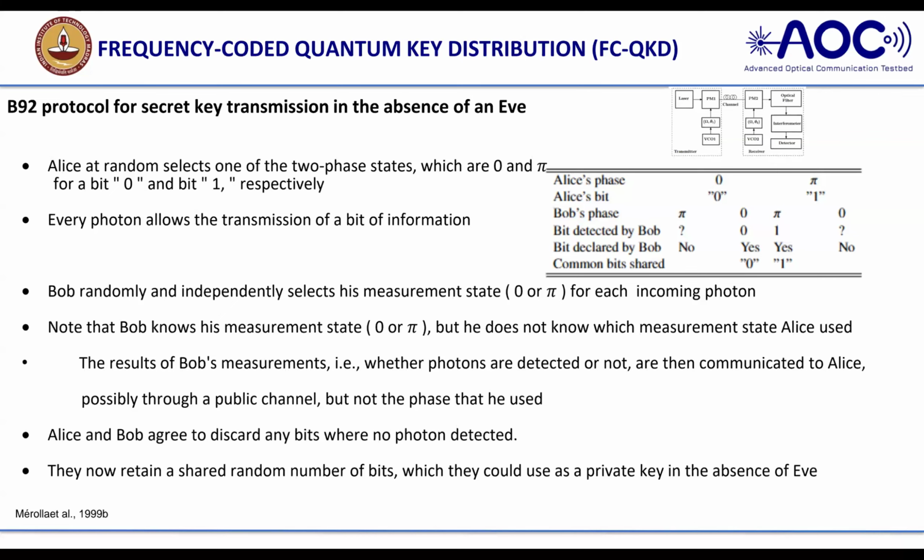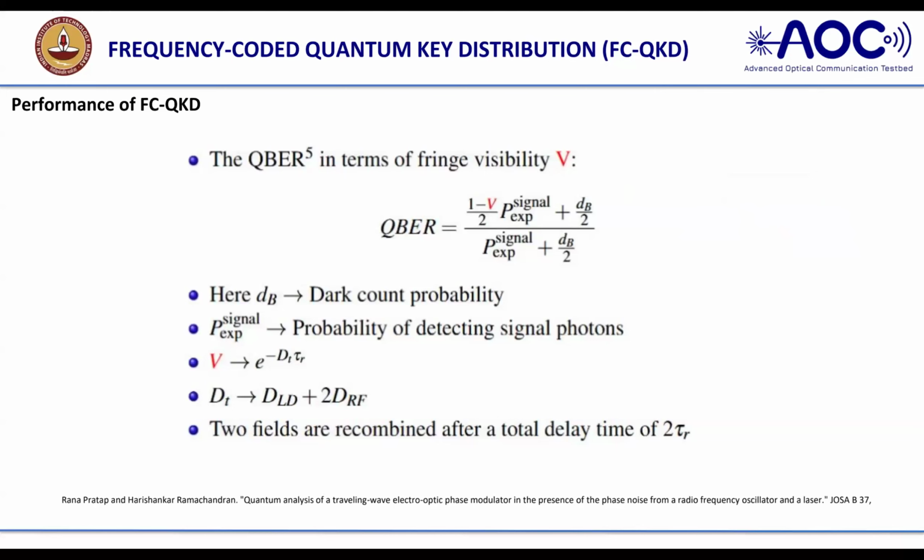So the results of Bob's measurement, whether photons are detected or not, are communicated to Alice possibly through the public channel, but not the phase that they use. So the phase they use is random, and they only announce in the public channel that the bits got detected, right? So this is the case without the presence of phase noise.